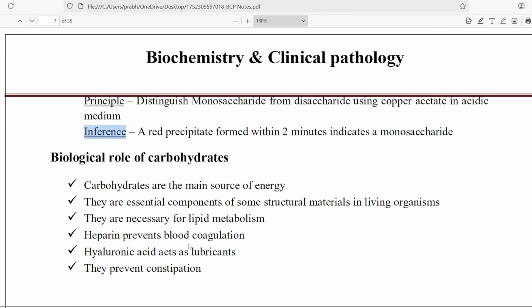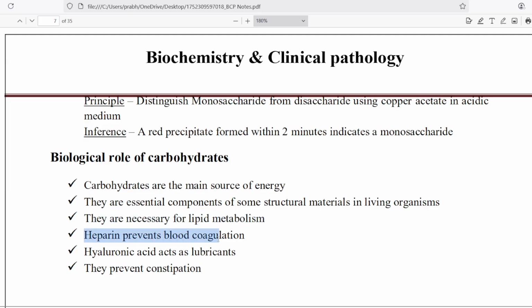Then next point, or the last point of this syllabus, is biological role of carbohydrates. First is, carbohydrates are the main source of energy. They are an essential component of some structural materials in living organisms. They are necessary for lipid metabolism.